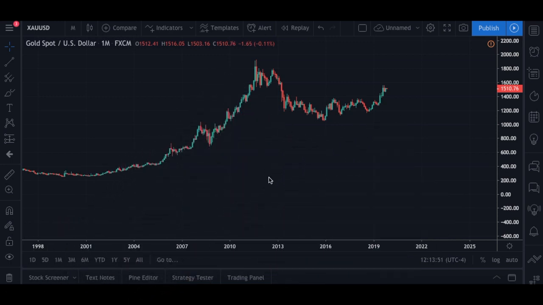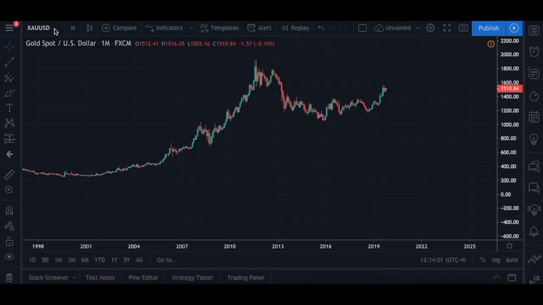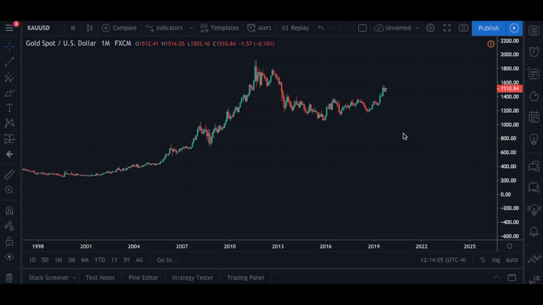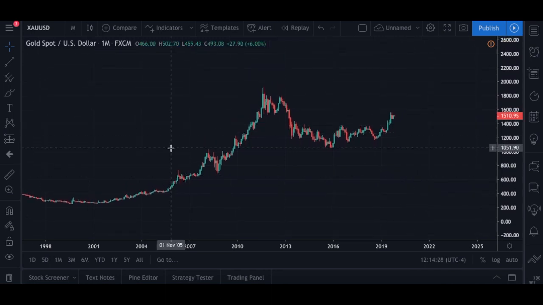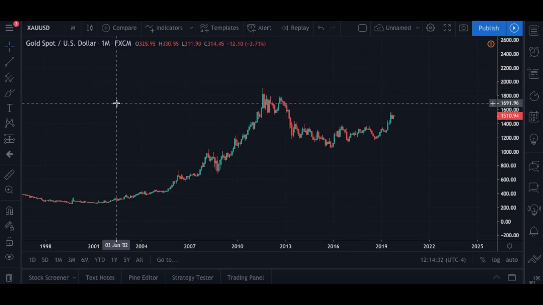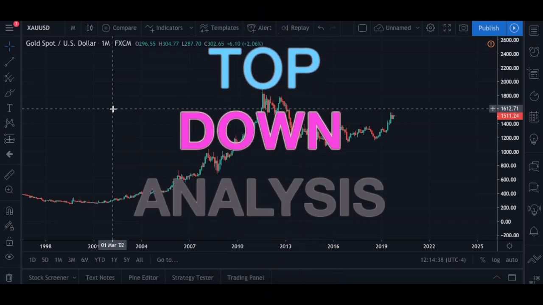Okay, so as you can see, I'm going to be showing you how I analyze this trading pair. It's gold, so it's gold versus the US dollar, and of course this can apply to any Forex pair. The first thing I want to mention is the time frame that I'm on. With my type of analysis, I do what is called top-down analysis.